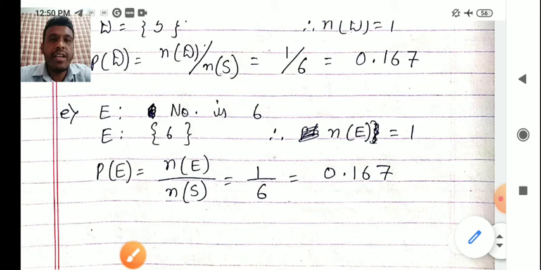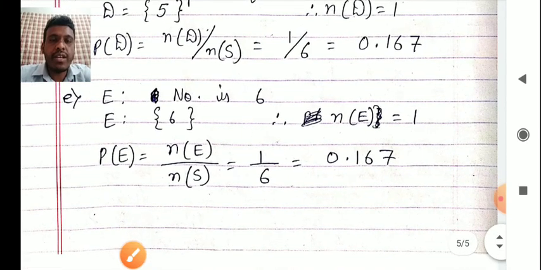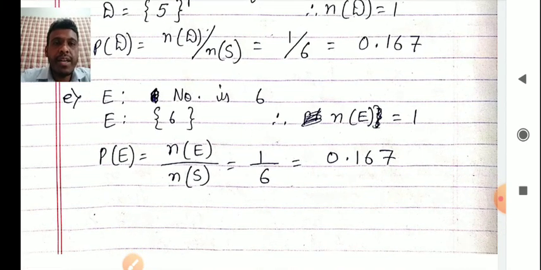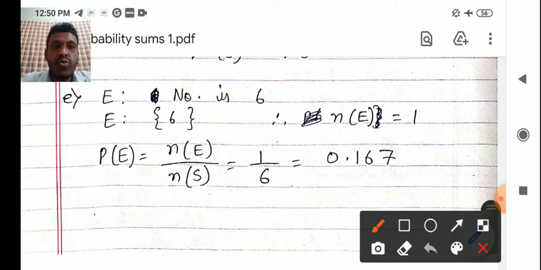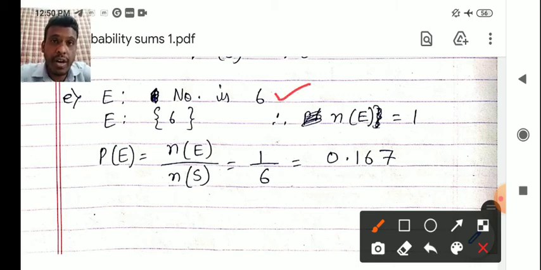And lastly, what they have given is that the number that turns up is 6. So they have given the actual number here, instead of saying it is an even number, an odd number, a prime number, or a multiple of 5. So it is 6. How many numbers in the sample space are equal to 6?